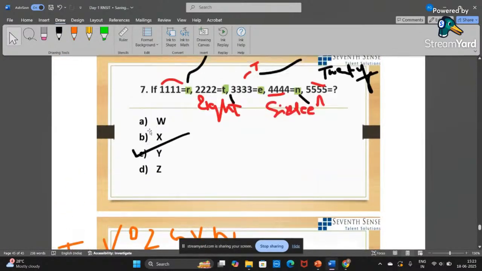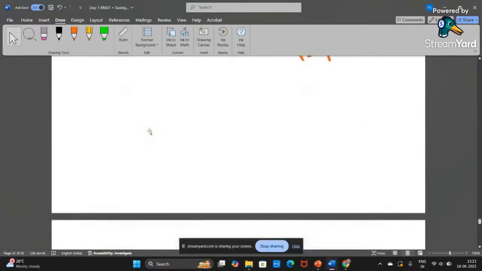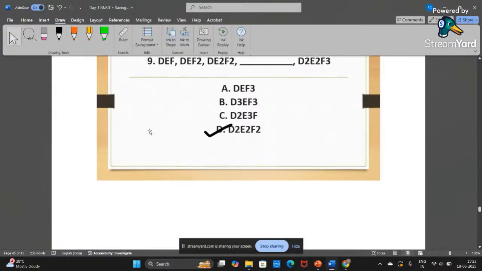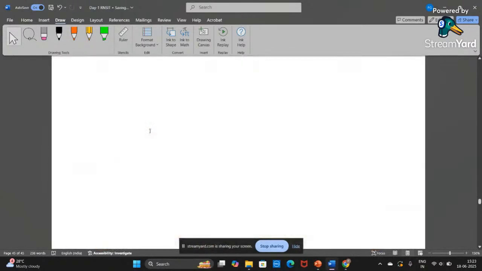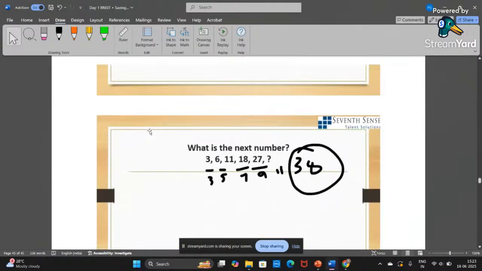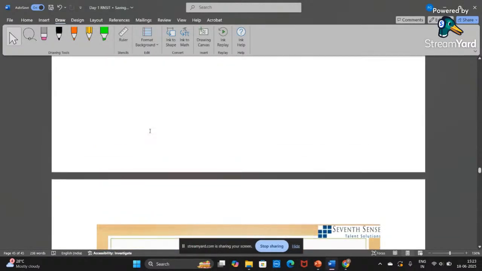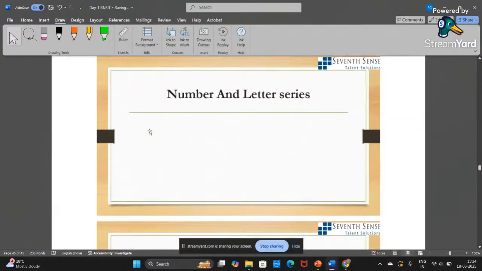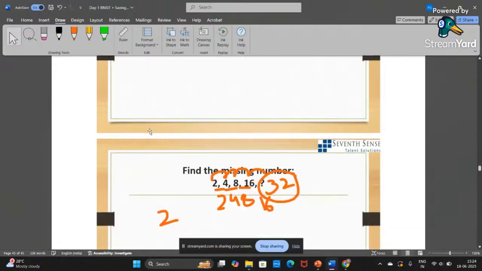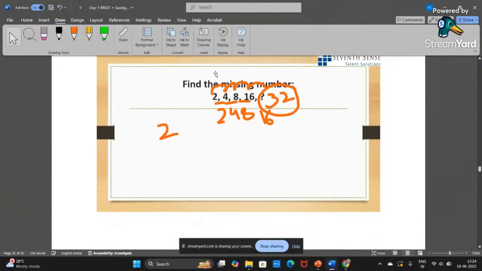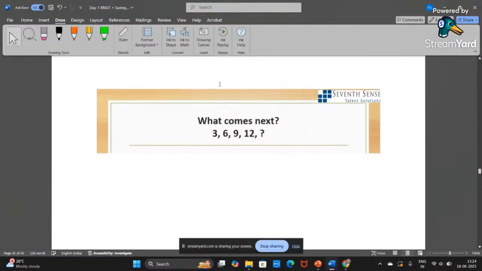We'll recall what we have covered in these 2 hours. After the break, we started with the number system, where first we saw the number series, and we solved a few problems on that.